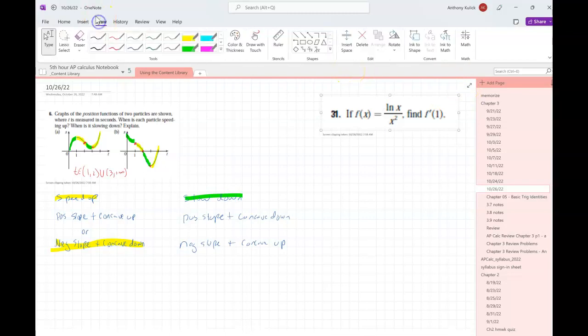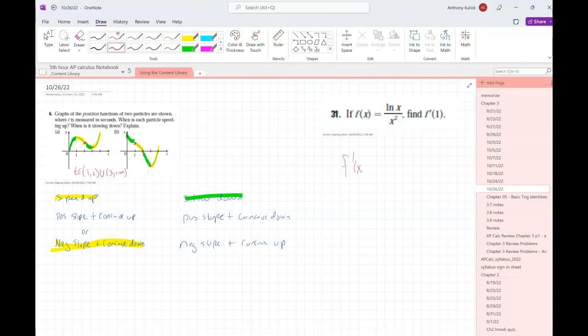All right. When I look at 31, it's asking to evaluate the first derivative when x equals 1. To do that, I'm just going to start by taking the derivative. If I look at my function f of x, this is a quotient rule situation.